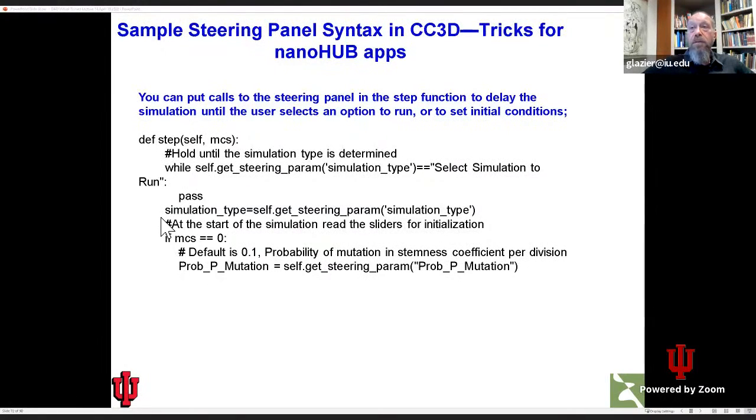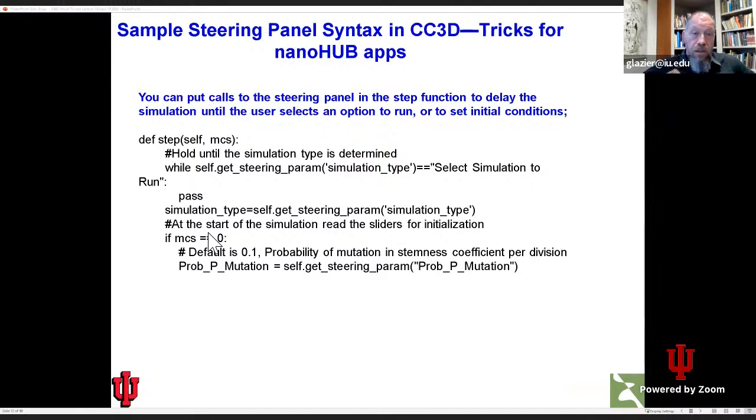So here's an example of something else that one can do. It's often nice if you're doing complex simulations, especially for something like NanoHub, instead of having 5 versions of your program that the person has to load and run separately, to give them an option to select which kind of program they're going to run.